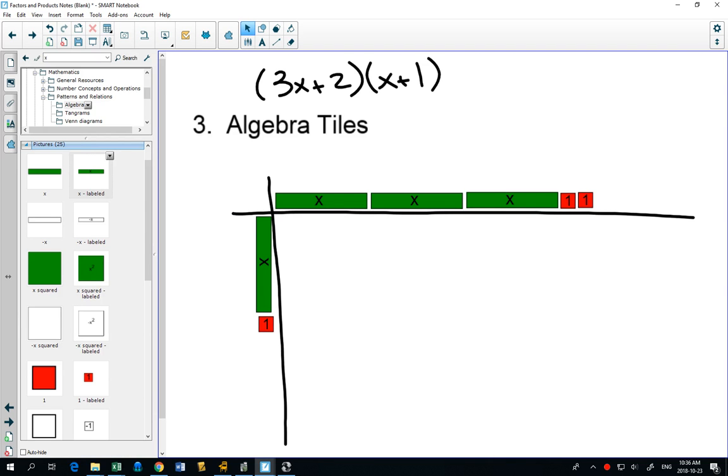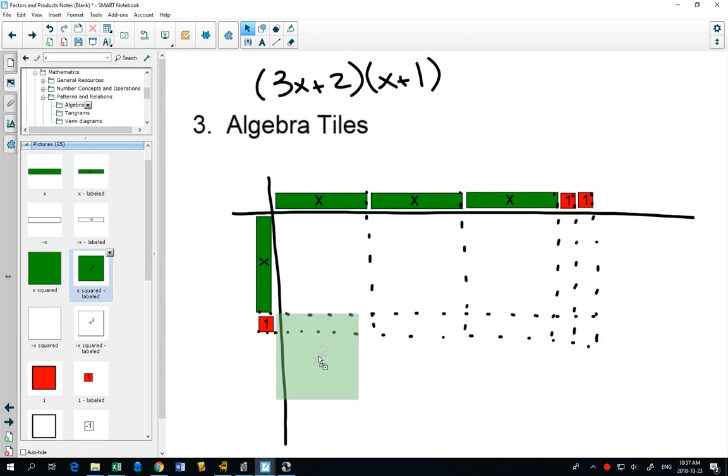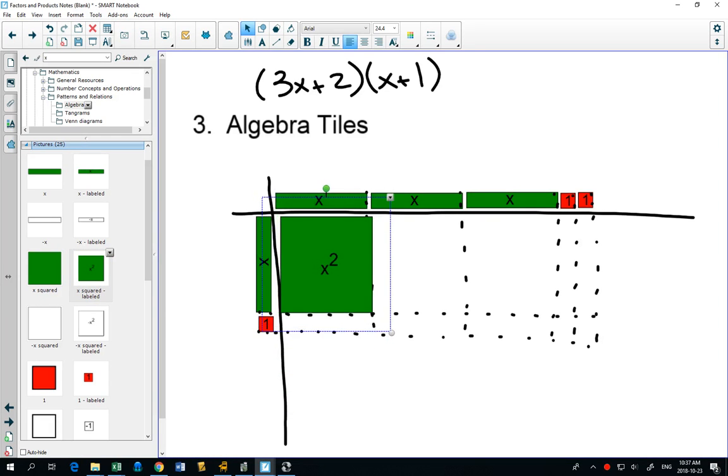So it's kind of like the chart, except you line up your 3x plus 2 on one axis and your x plus 1 on the other axis, and you draw dotted lines and say, what would I need to fill in these spaces? In here, I would need an x squared.